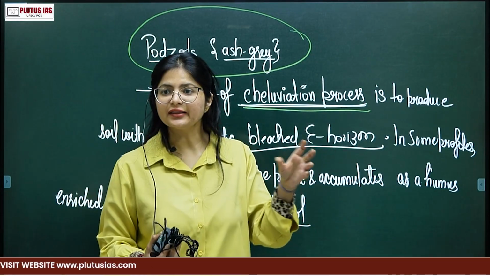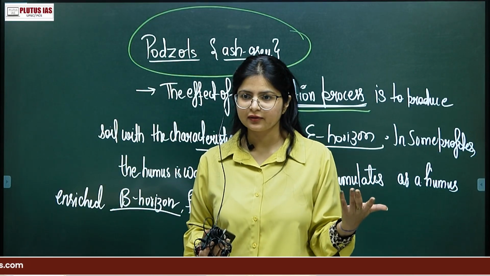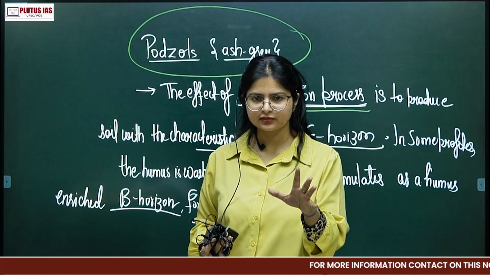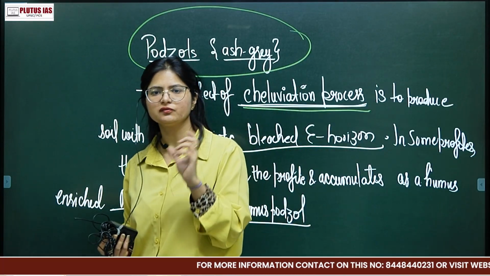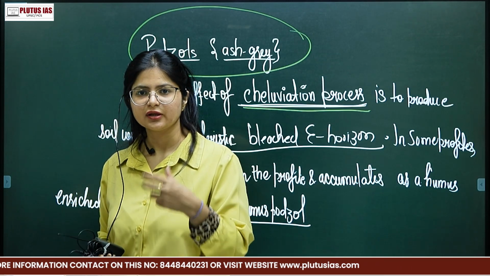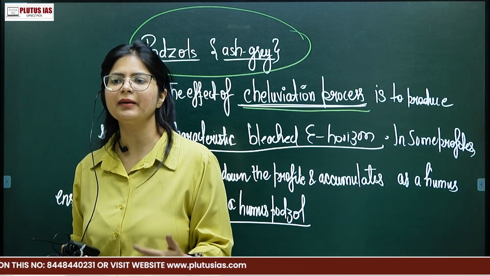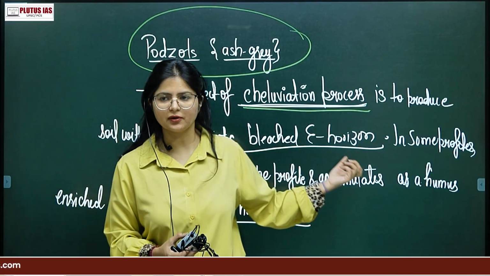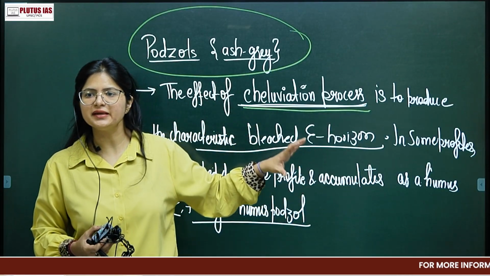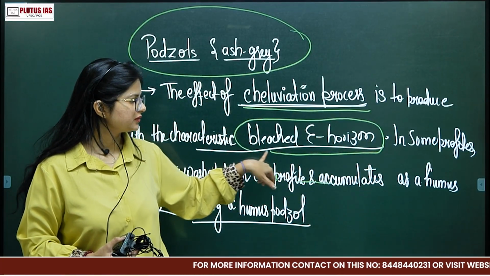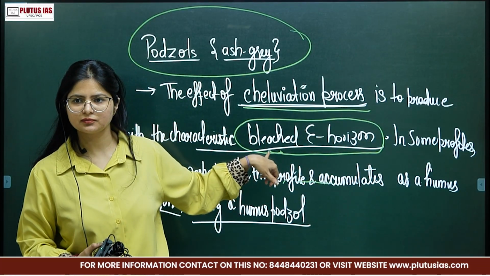Bleached means fading, decolorization. Bleaching happens when the humus content is worked upon very quickly by microorganisms, so the humus goes away. That means the bleached E horizon will become faded.